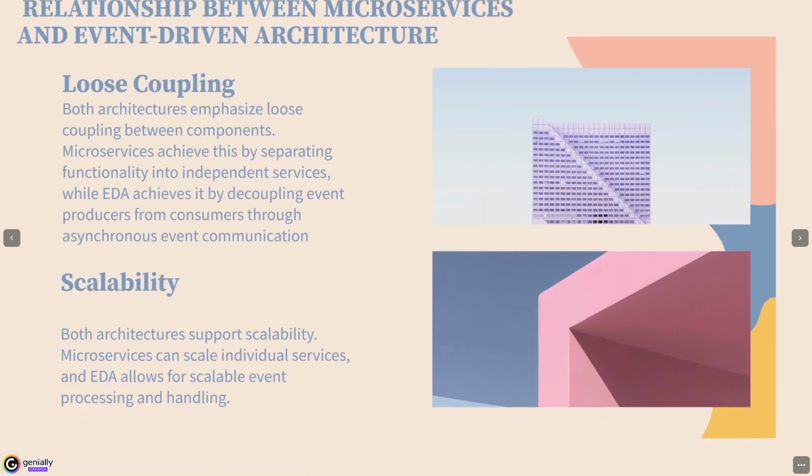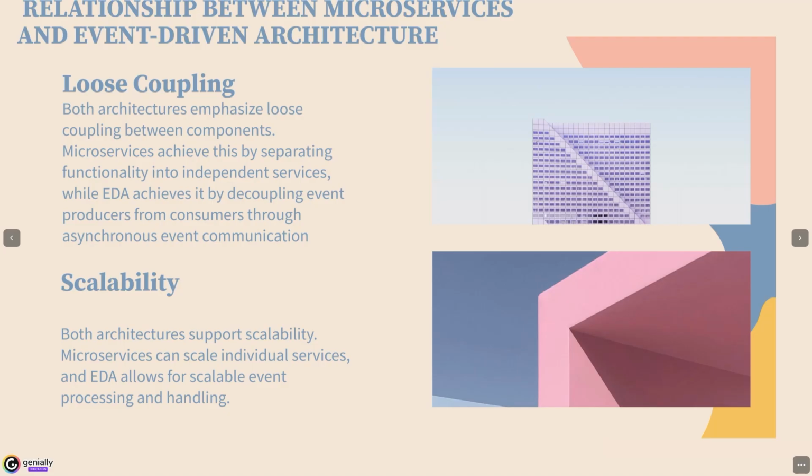So, there are some relationships between microservices and event-driven architecture. One is loose coupling. Both architectures emphasize loose coupling between components. Microservices achieve this by separating functionality into independent services, while event-driven architecture achieves it by decoupling event producers from consumers through asynchronous event communication.